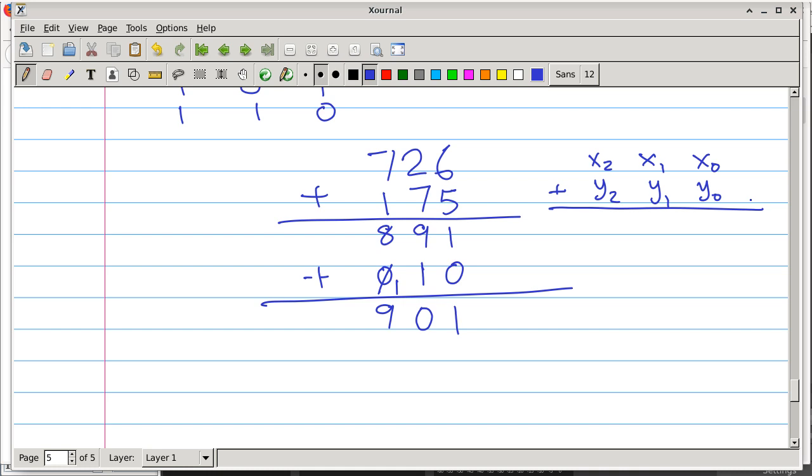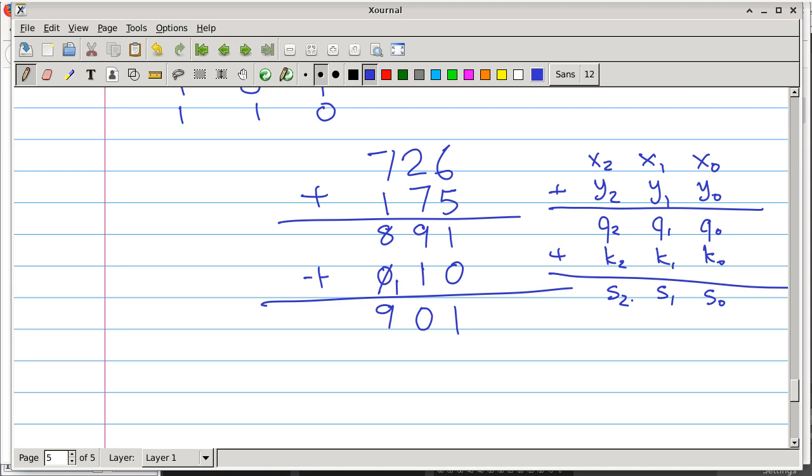So the next row, I'm going to label, okay? These are just labels for the digits, so we can talk about each digit later on. So the next row, I'm going to label this Q0, Q1, and Q2. And I'll label this as K0, K1, and K2. And then the final result is going to be S0 for sum, S1, and S2. Okay?